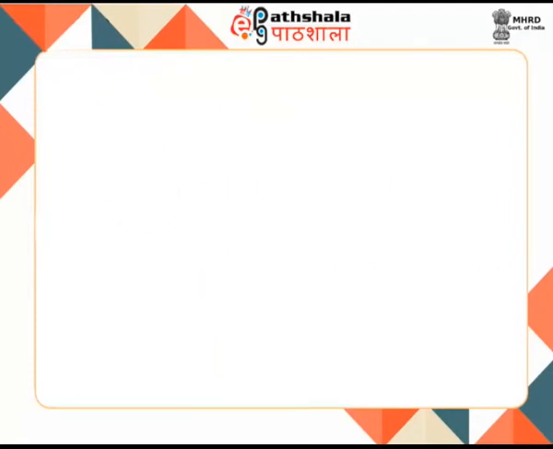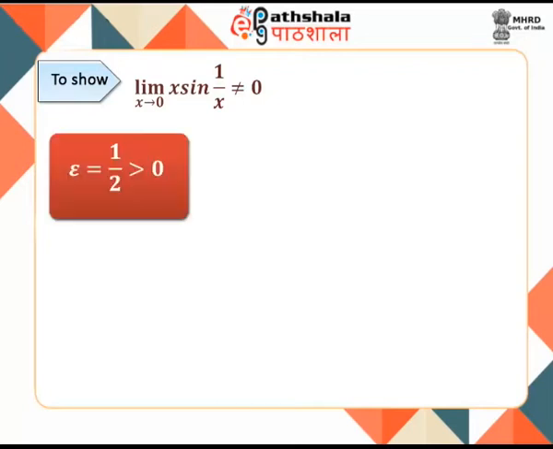Let's discuss limit with the help of this example. We need to show that limit x tends to 0 of sine 1 by x is not equal to 0. Now, to solve this, let epsilon is equal to 1 by 2 greater than 0. Let delta be any positive number.